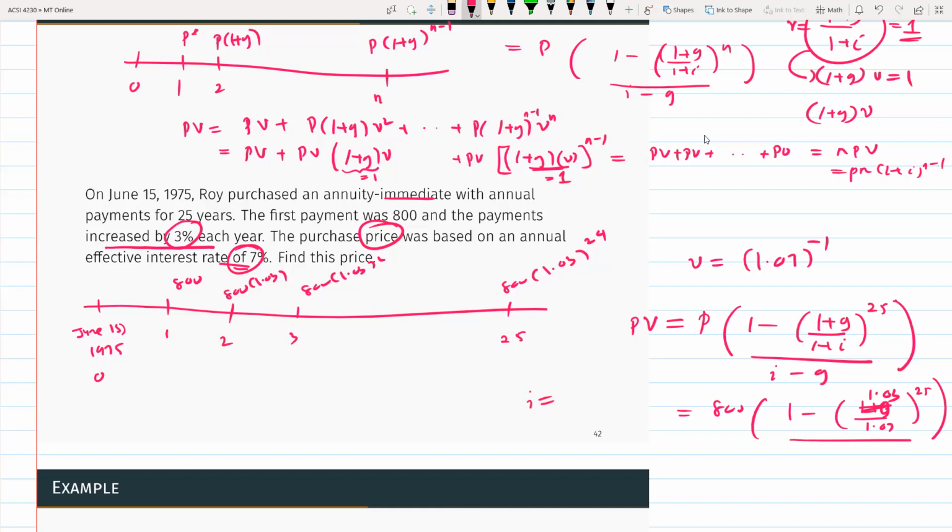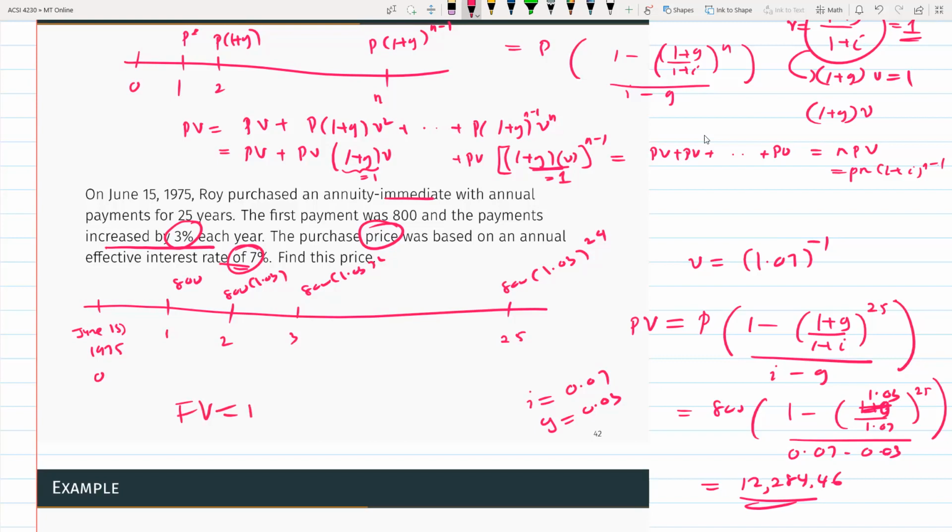So let's see what we get. 1.03 divided by 1.07 to the power 25, then 1 minus that, divided by 0.07 minus 0.03, which is 0.04, multiplied by 800. And I get 12,284.46.